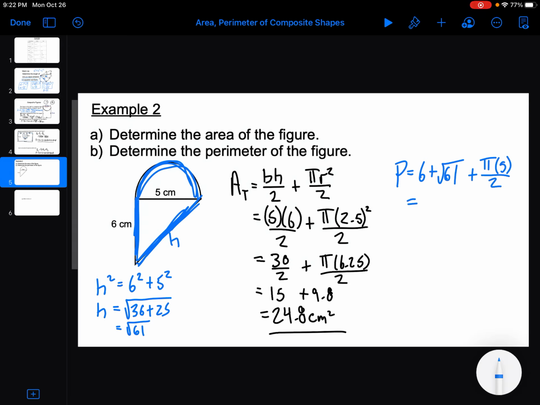Okay, so we've got root 61 is 7.8, or 7.81, plus 6, plus we're going to do 2.5 times pi, because 5 divided by 2 is 2.5. So this is going to be equal to 21.7 centimeters.